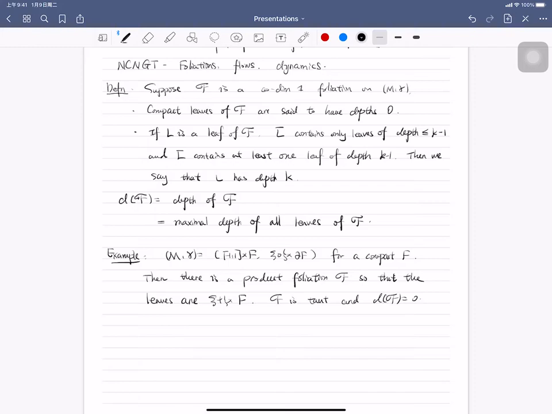This is an example of a depth 0 taut foliation.